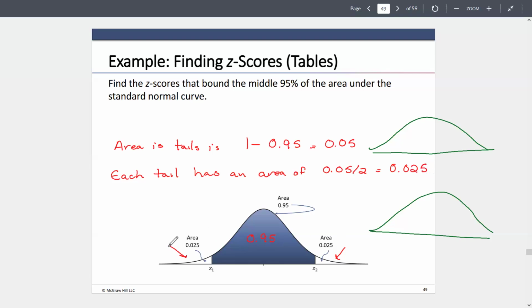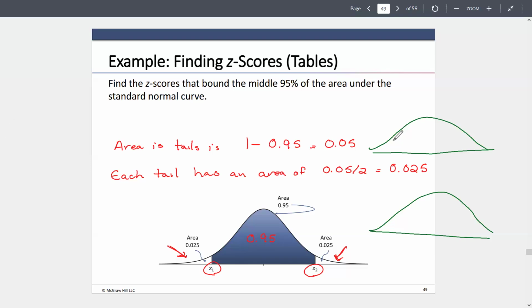So each tail has an area of 0.025. I'm looking for 2 different z-scores because I'm trying to bound an area in the center. I'm not looking strictly less than or strictly greater than. I'm looking in between 2 scores.